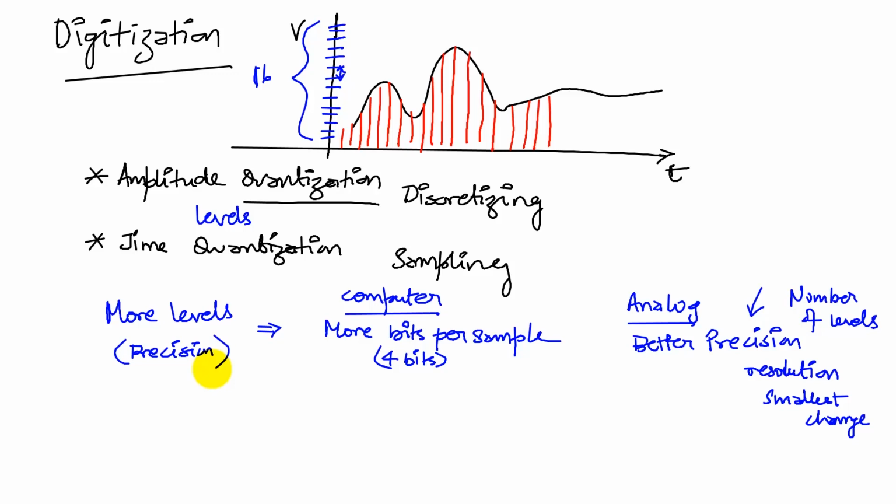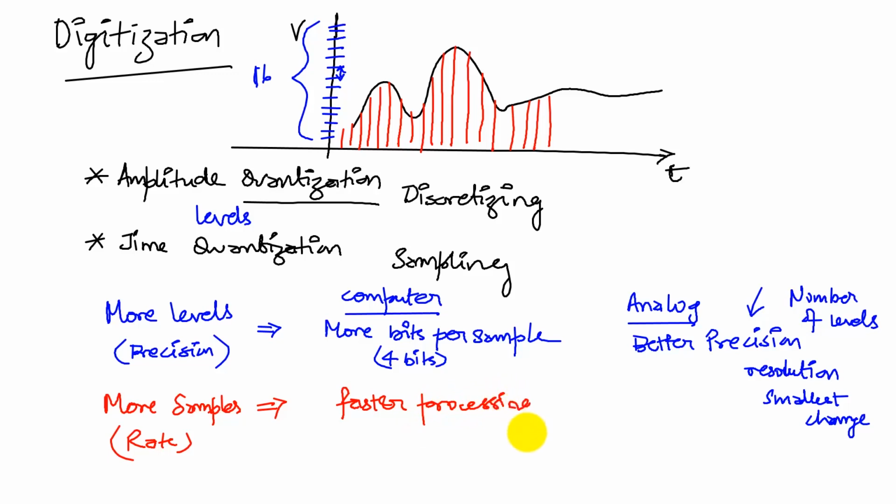Now, what we also see then is if we have more samples, or the rate of capture is high, then what we're saying is from a computer standpoint, we need faster processing, whether we're producing these samples or we're capturing these samples, we have to do more processing per unit time.